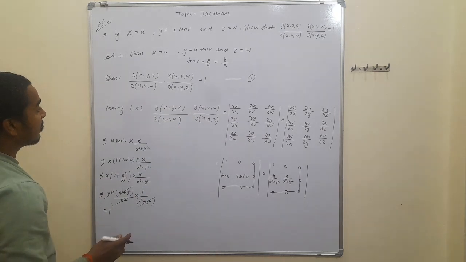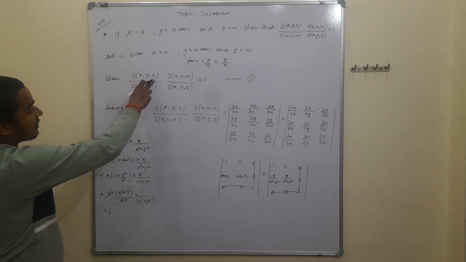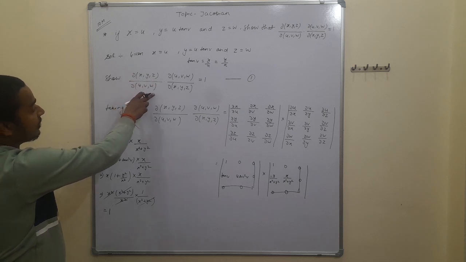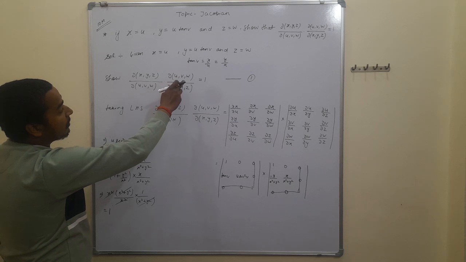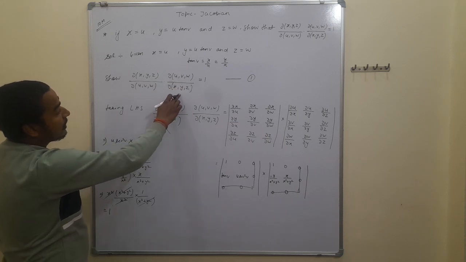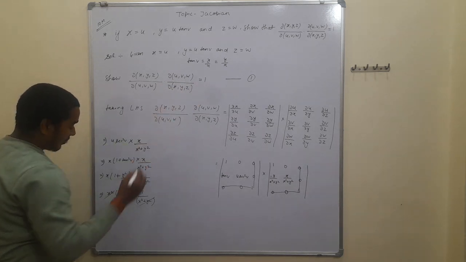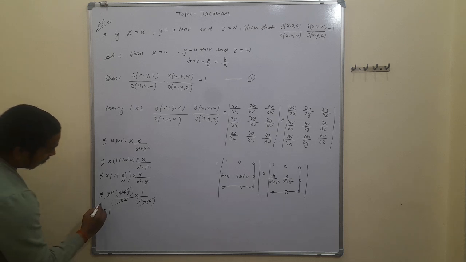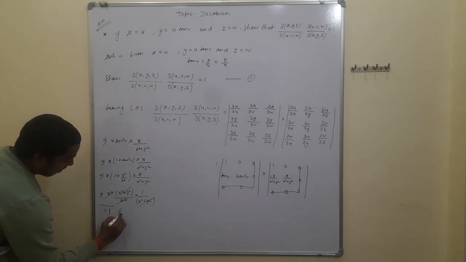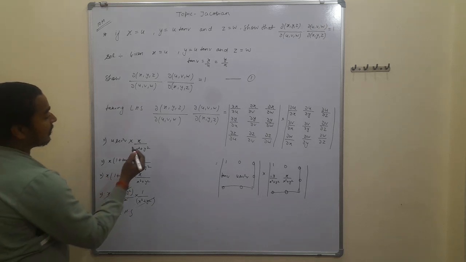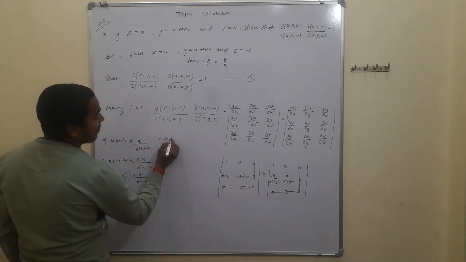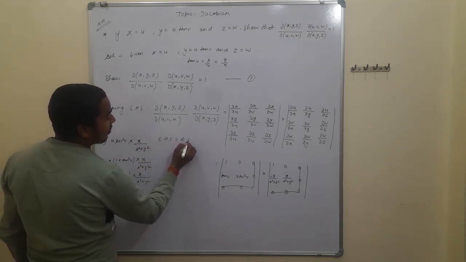So del of x, y, z upon del of u, v, w multiplied with del of u, v, w upon del of x, y, z is equal to 1. We have found the right hand side, that is RHS. So we can say LHS is equal to RHS.